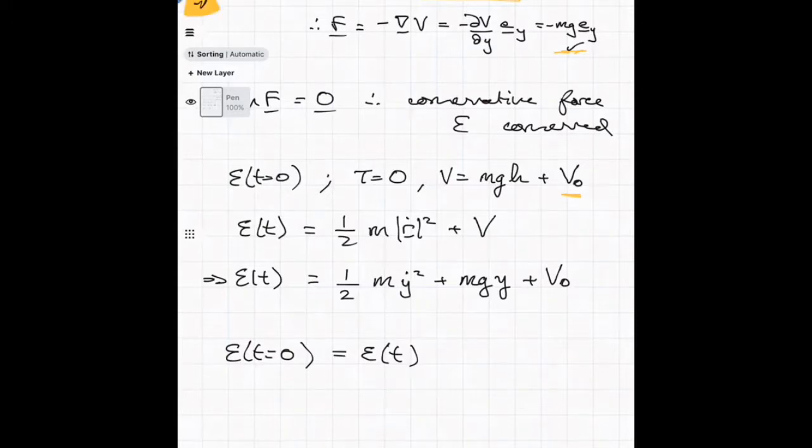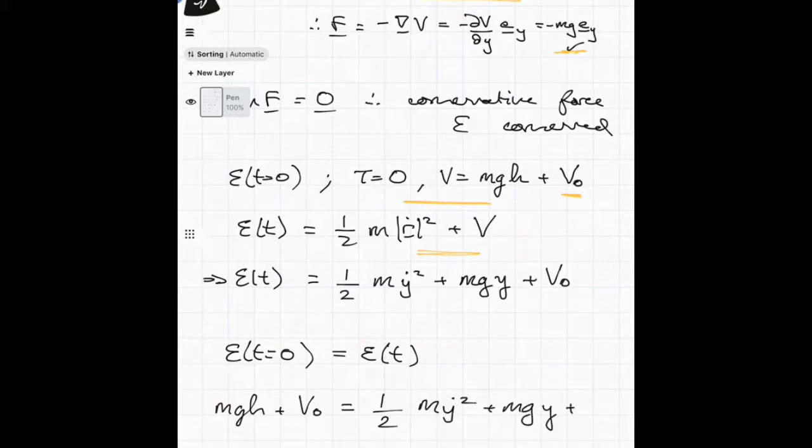So we're just going to equate our initial energy and our energy at time t to get an equation. Energy at time t equals 0 is just mgh plus V0, and energy at time t is a half m y dot squared plus mgy plus V0.